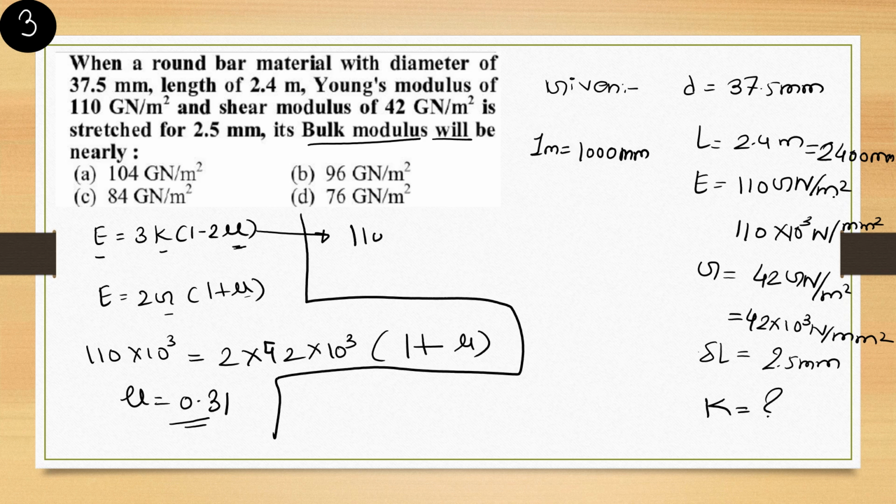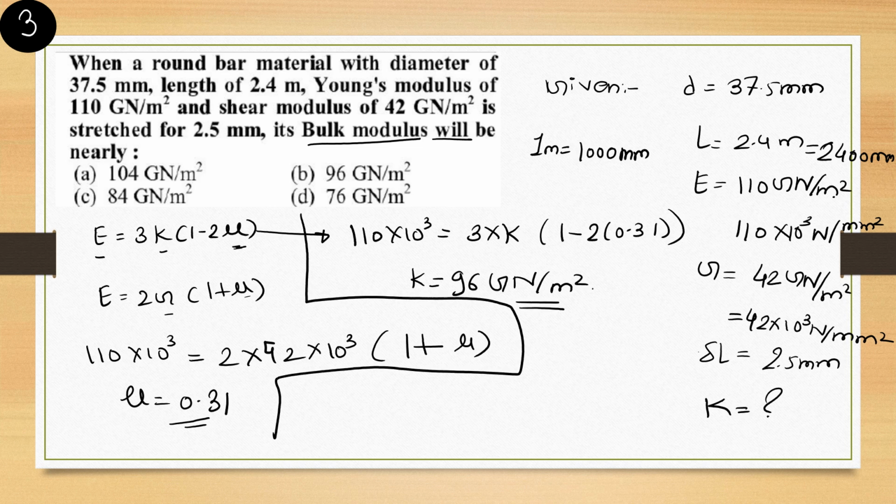So E is 110 into 10 raised to 3 equals 3 into K, which is unknown, in bracket 1 minus 0.31. By calculating this we get K as 96 giga Newton per meter square. You can calculate these answers. So here we get the bulk modulus as 96 giga Newton per meter square. So option B is correct.